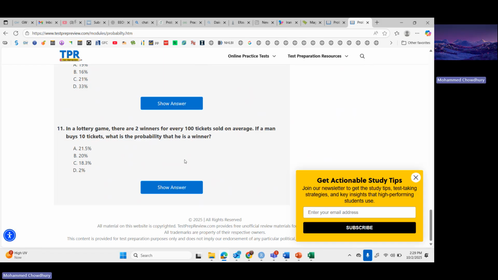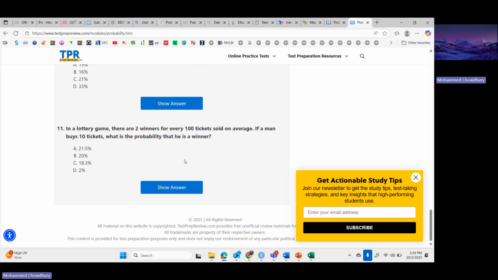In a lottery game, there are 2 winners for every 100 tickets sold on average. If a man buys 10 tickets, what is the probability that he is a winner? I haven't seen the answer, but let me think a few minutes. So you are saying still that 2%? Yeah, 0.02.